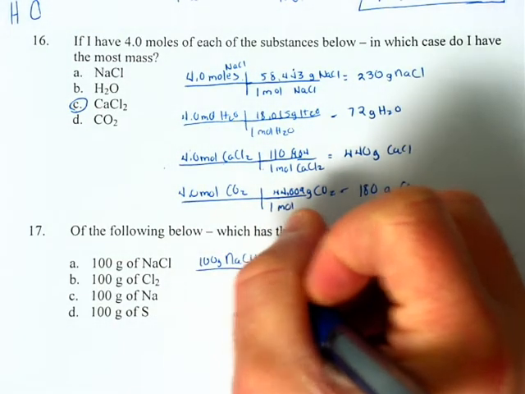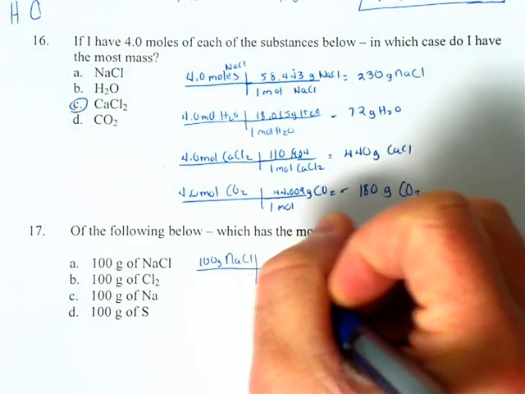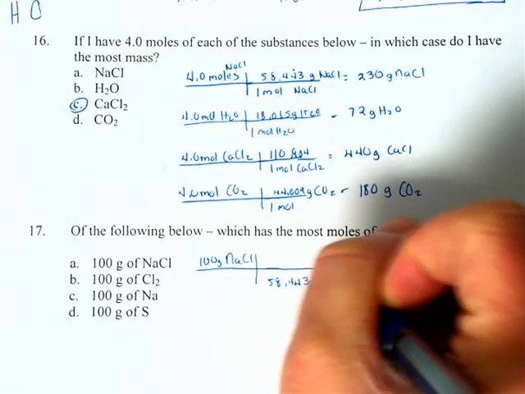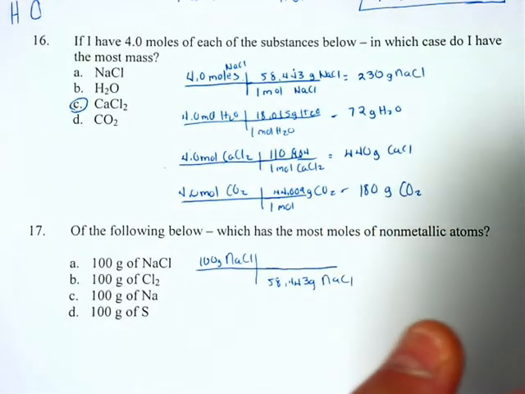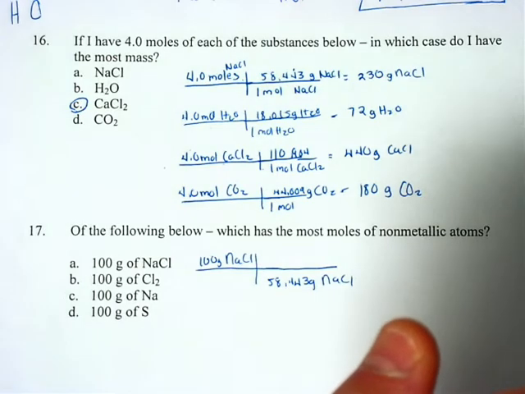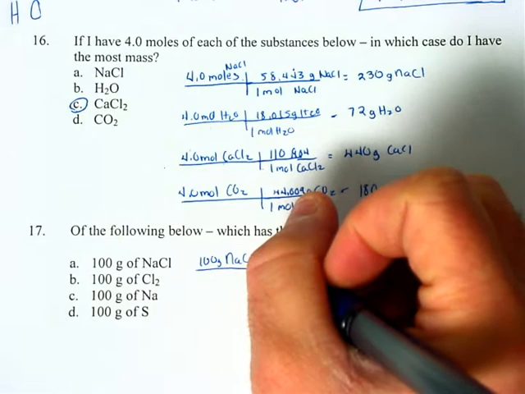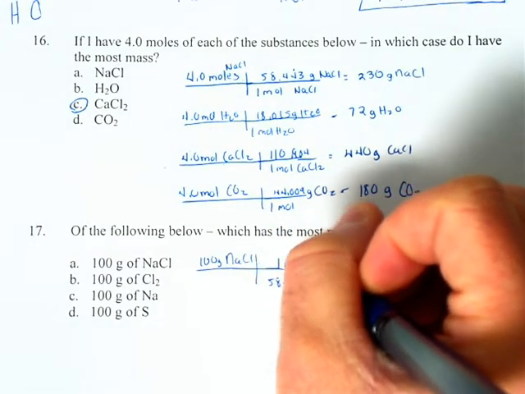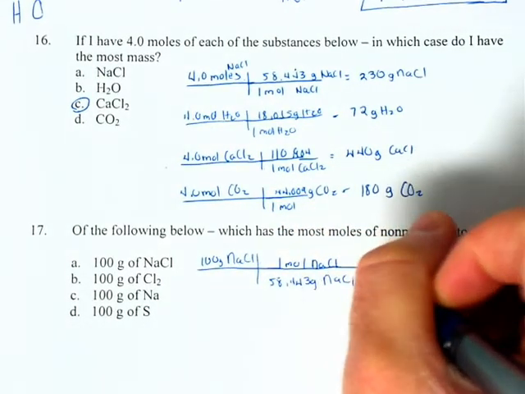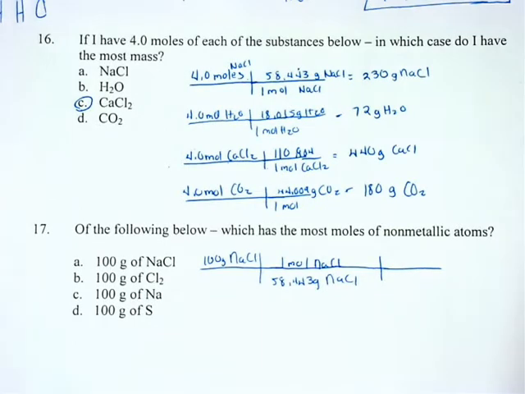Divide it by its molar mass, right? Which is 58.443 grams of NaCl. What's on top? 1 mole, right? of NaCl. And I'm supposed to be finding moles of non-metallic atoms.